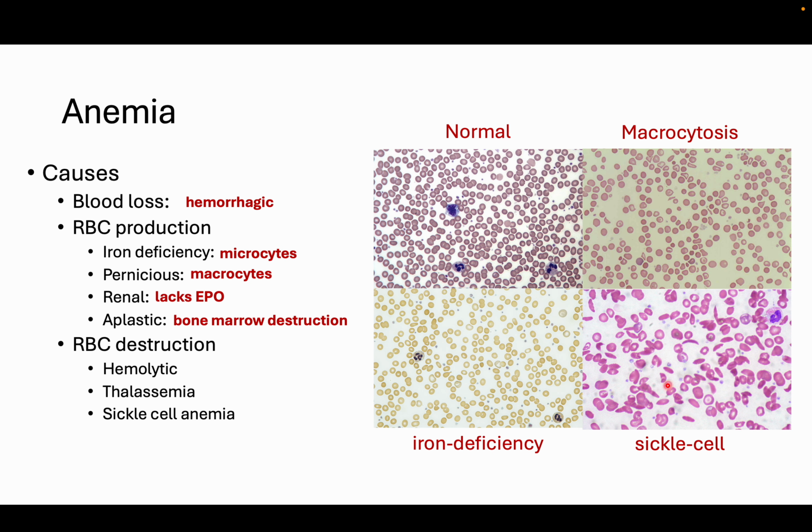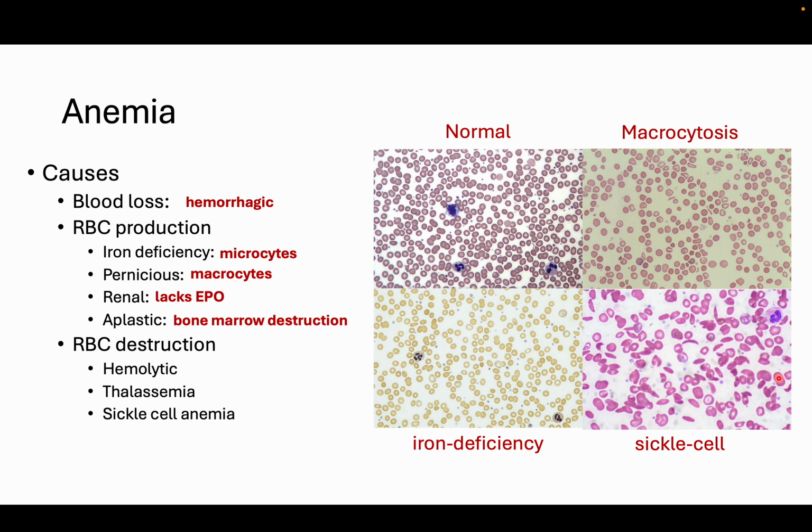So this is due to a mutation that results in sickle cell shaped red blood cells, which are not going to be as efficient at transporting oxygen, and are also going to have the problem of getting stuck in blood vessels.